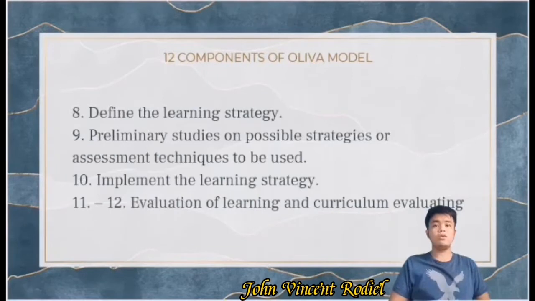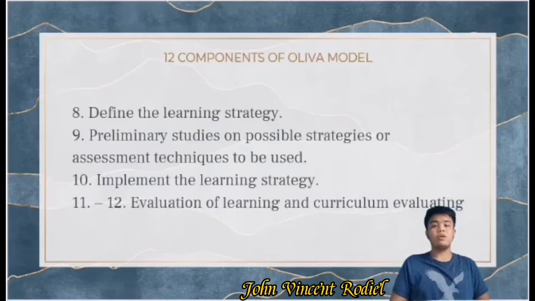So if the goals of learning have been formulated, the next step is to set possible strategies to achieve the goals, such as in the eighth component. At the same time, an initial study of potential assessment strategies or techniques that will be used can be done. Further development of the curriculum moves forward in the 10th component, namely the strategy of learning.